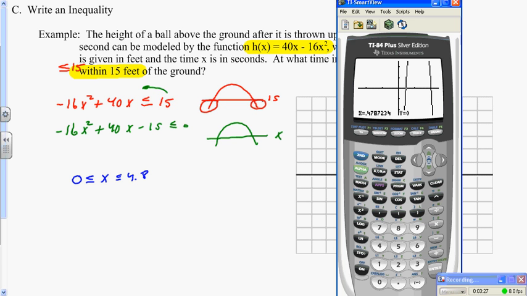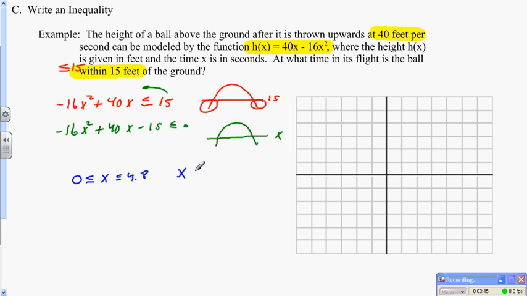Okay, and if we look at the right part of the parabola where it comes back down, it looks like at 2 seconds and to the right. So we'll say also when x is greater than or equal to 2 seconds. Now I know that the time doesn't go on forever, but we'll just leave that one as x greater than or equal to 2 and not worry about after that.